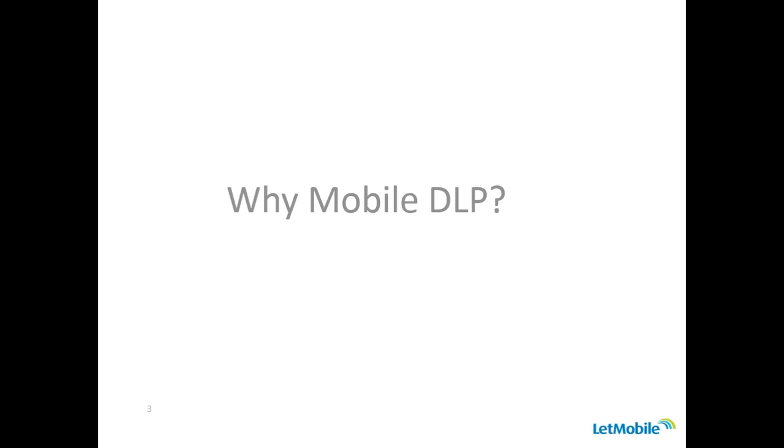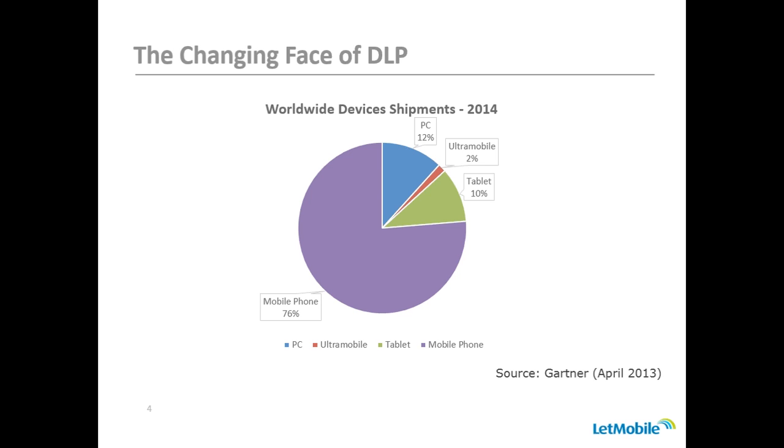So let's get going. So why mobile DLP? I think most of you won't have to be convinced. This is what Gartner says, but IDC and the other guys predict the same.